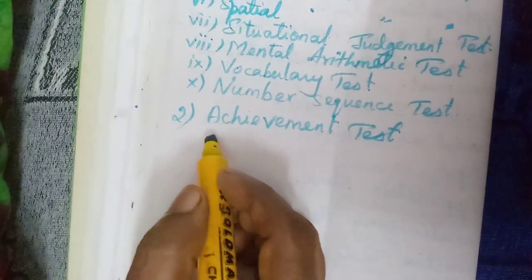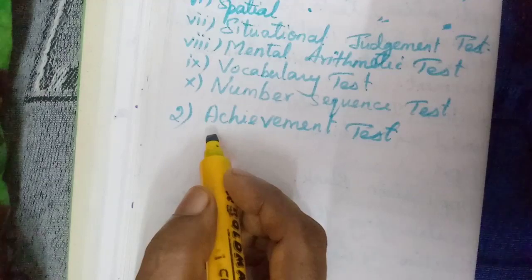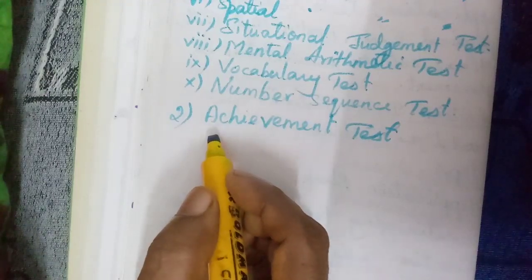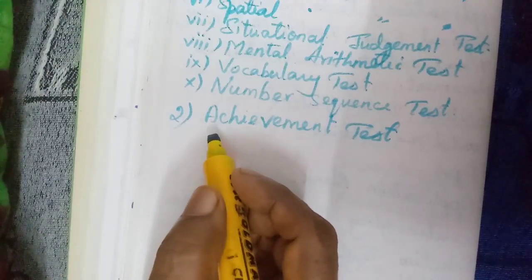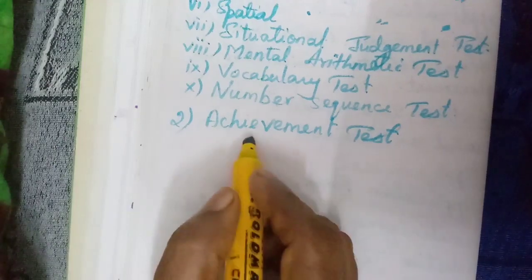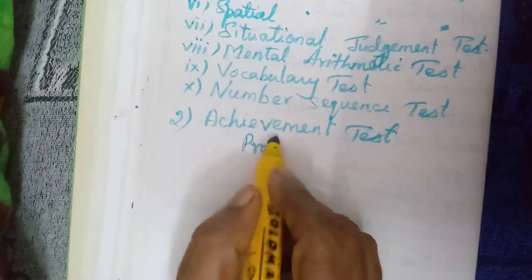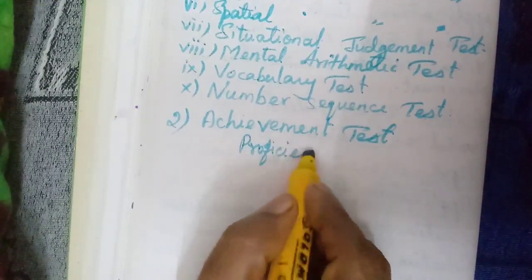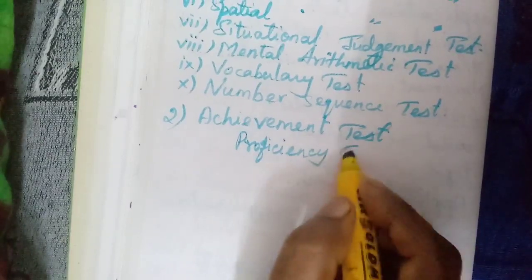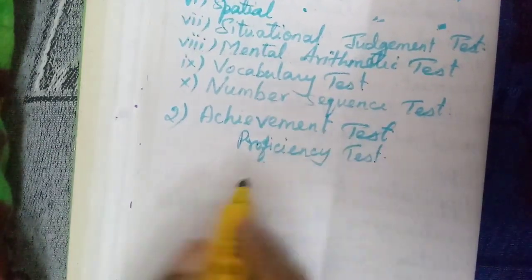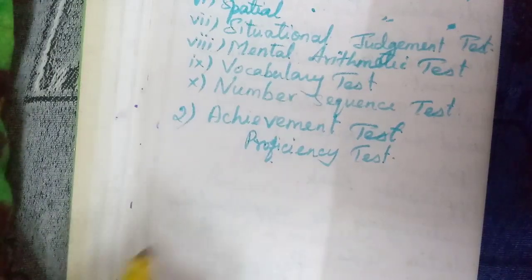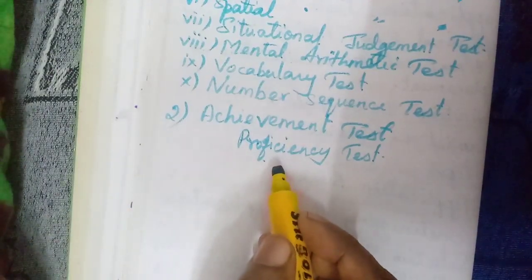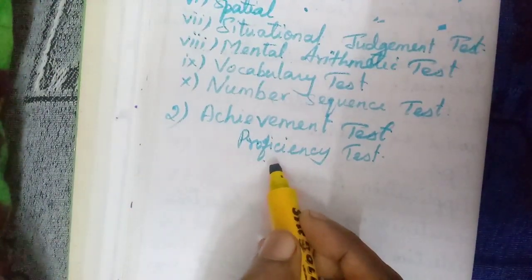Either it may be a teaching, engineering or mechanical candidate, whoever it is, or we can say the proficiency over the subject. We can call this achievement test a proficiency test also. How he has the knowledge about the subject.